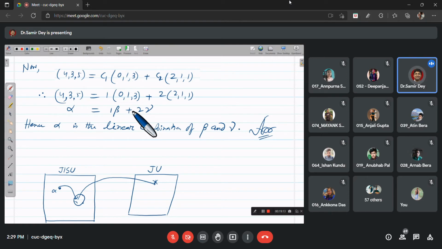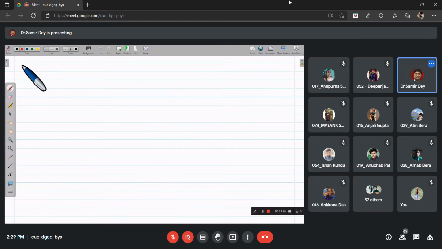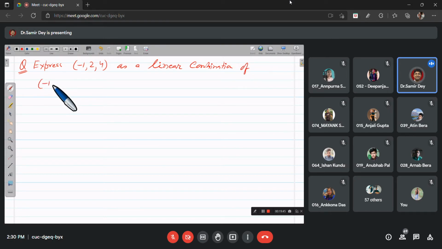Now you try to understand with another example. Express -1 to 4 as a linear combination of -1 to 0, 0 -1 1 and 3 -4 2.